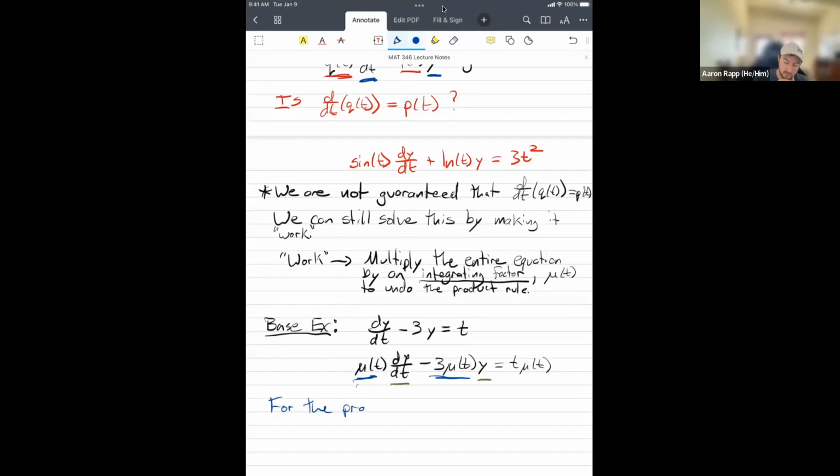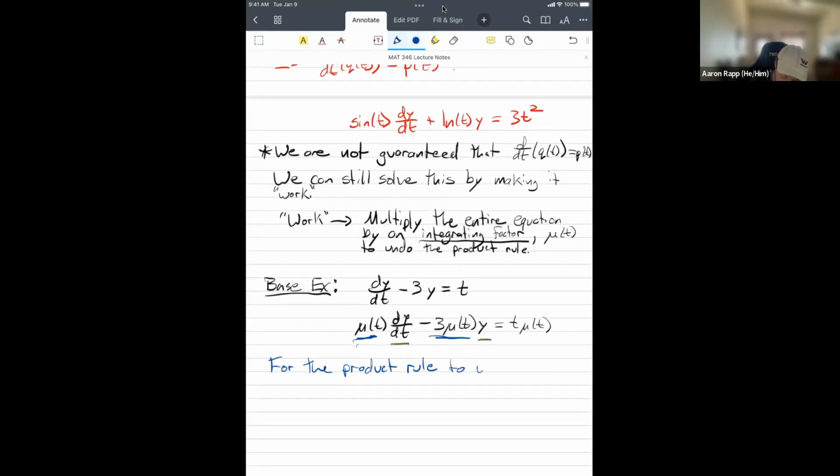So for the product rule idea to work, what we need is the derivative of this integrating factor to be -3 times the function. So really just a constant multiple of itself.